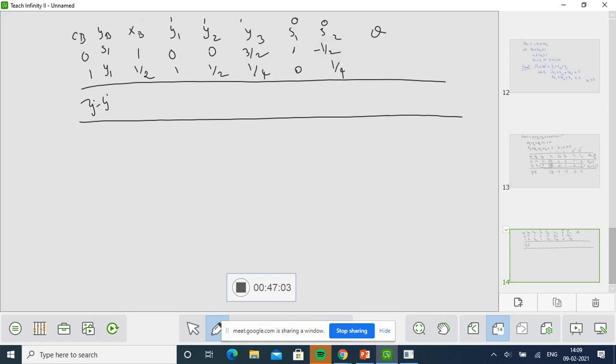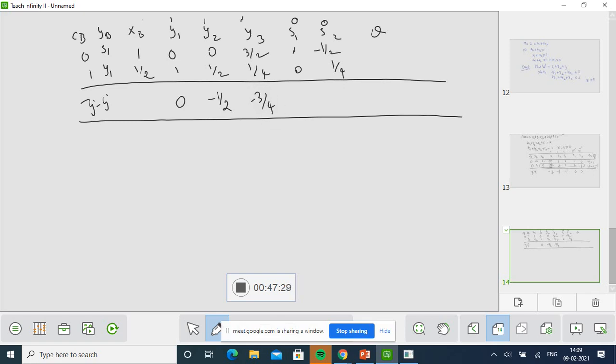Now find out Zj minus Cj. Here 1 minus 1 is 0. 0 into 0 is 0, plus 1 into half is half. Half minus 1 is minus half. CB, YB minus the cost on the top. So 0 into 3 by 2 plus 1 into 1 by 4, 1 by 4 minus 1 is minus 3 by 4.